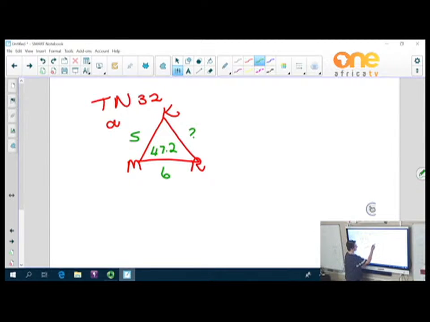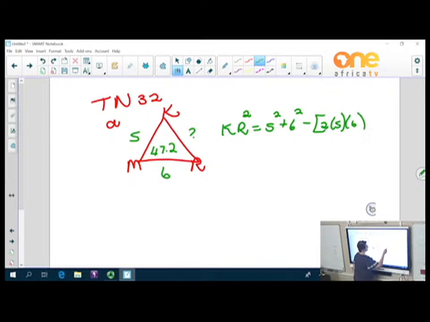So I can say now that KR squared is equal to, so now we're going to take those sides, 5 squared plus 6 squared, minus, in brackets, 2 times 5 times 6, and cosine, can you see the side and the angle are opposite each other, cosine 47.2 degrees.